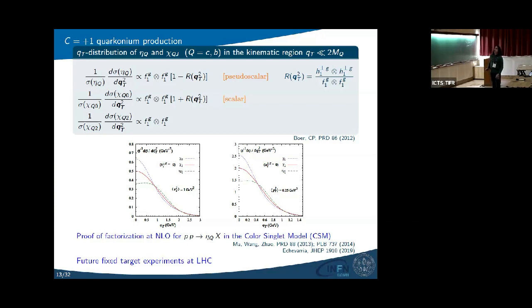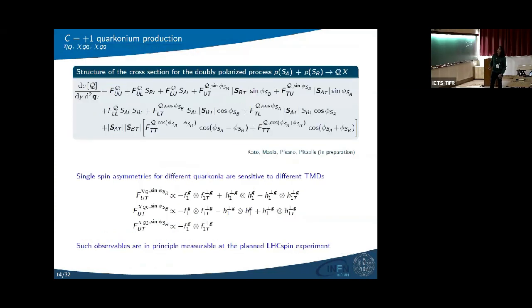So this is for quarkonium states using the color singlet model, so quarkonia are produced directly as a c c-bar pair in the hard process. Okay, what is new? This was quite old, but now we are also looking at the full cross-section, in which the two protons can also be polarized. So we have a double polarized cross-section.